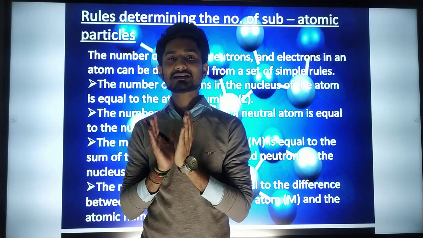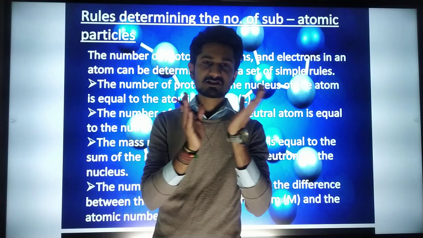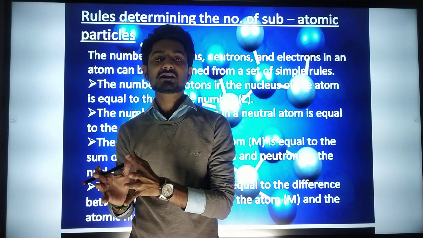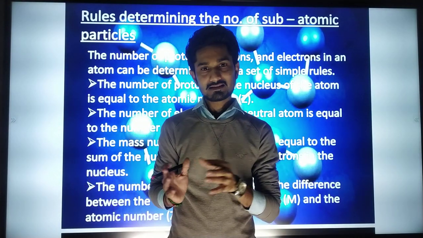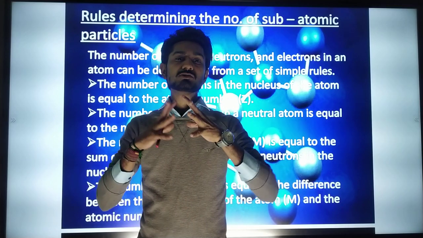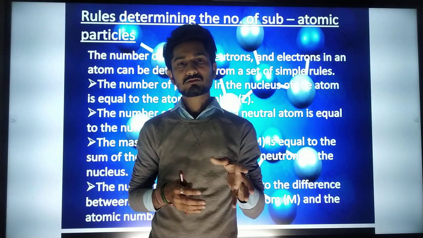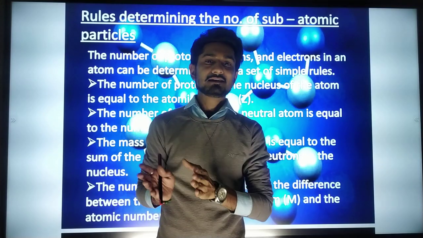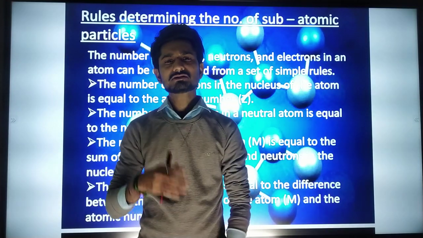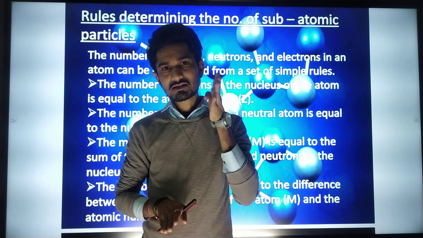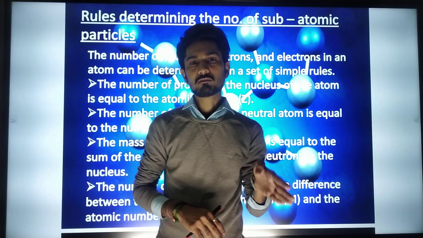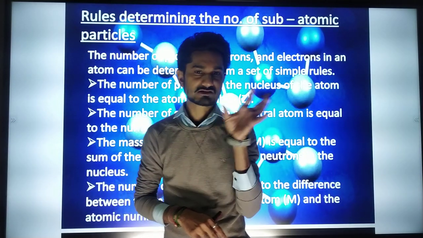In that you have seen that hydrogen is represented with H, sodium with Na, and nitrogen is N, oxygen is O, carbon is C. So these are the basic elements and their symbolic representation.